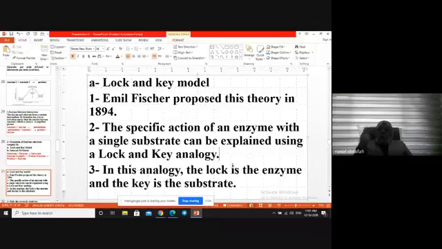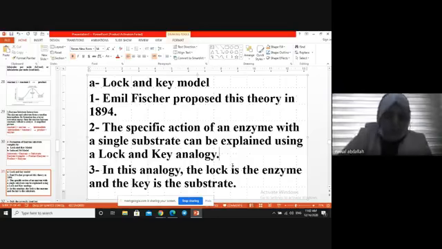Number three, in this analogy, the lock is the enzyme. We say this theory's name is lock and key. Who is the lock and who is the key? So the enzyme is the lock and the substrate is the key.